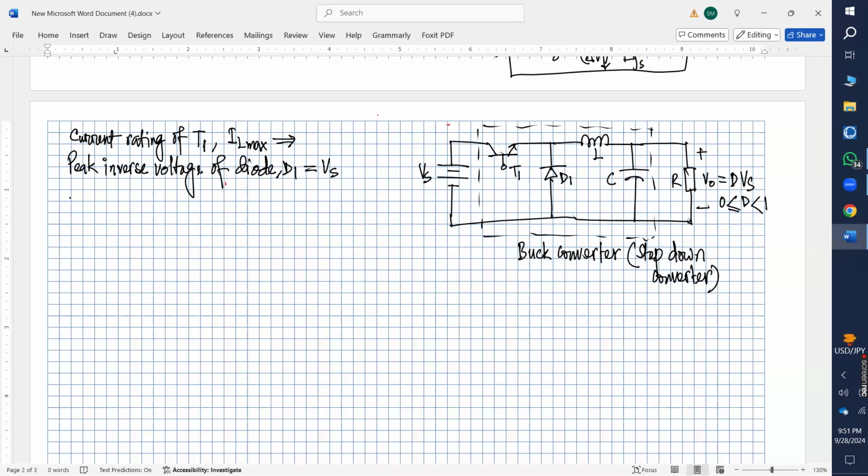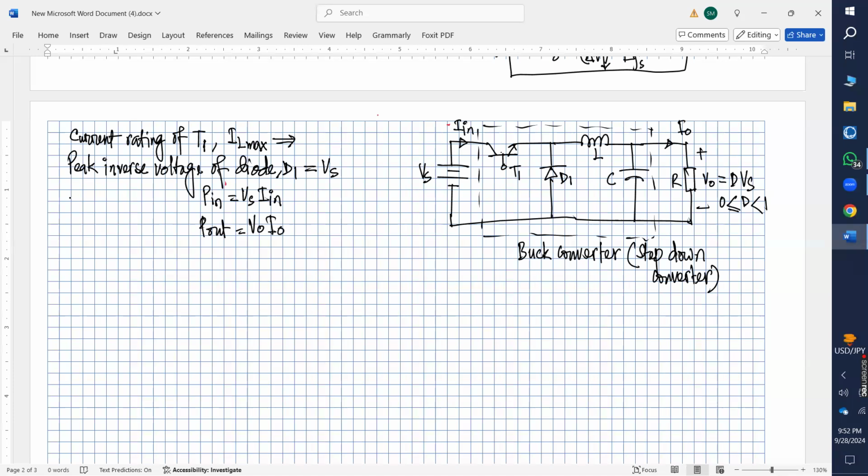Meaning that if this is my input current I in and this is my output current I naught, the input power P in should be equal to Vs multiplied by I in, right? And the output power P out should be equal to V naught multiplied by I naught, because we are considering everything ideal and lossless within the buck converter.